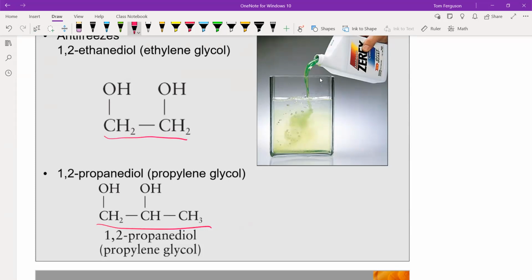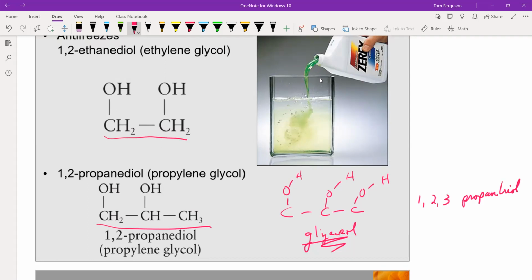Now you're going to see when we make soap, during the process, we're going to end up making glycerol, which is a 1, 2, 3 propanetriol.